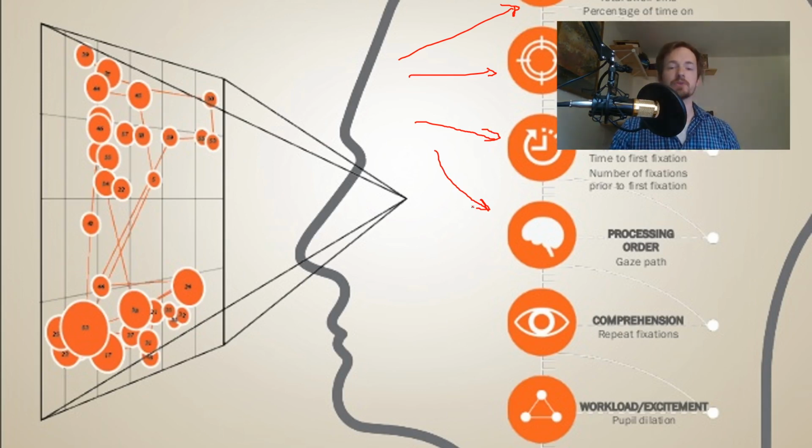For example, if you're looking at how well someone can use an app, you can trace basically where their eyes are. You can look at how complex something is by whether or not they repeatedly look at something, or you can even look at, as I mentioned, pupillometry to look at how big the workload is on a specific task. So there's lots of different things associated with attention that you can look at using eye tracking.